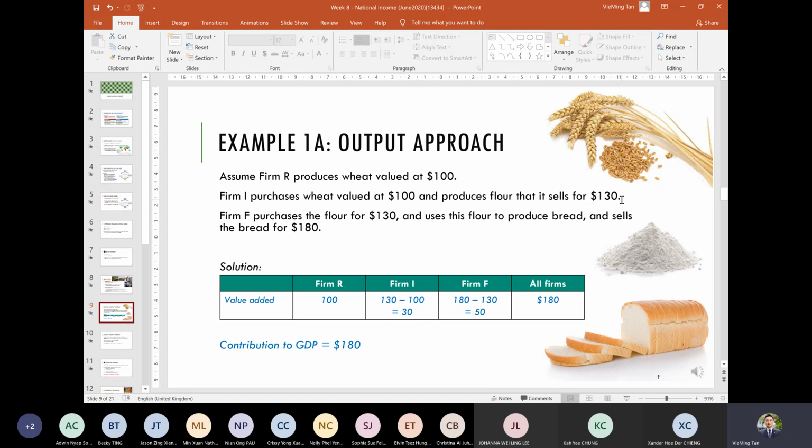Next, firm F purchases the flour for 130 from firm I and uses this flour to produce bread and sells the bread for $180.